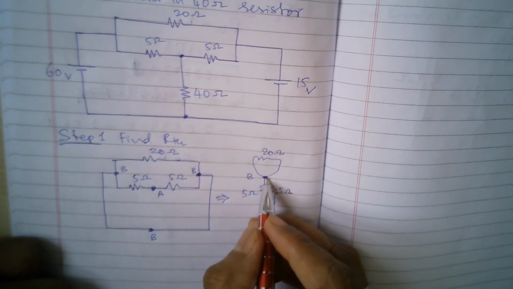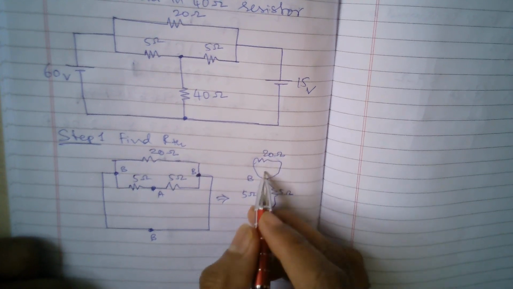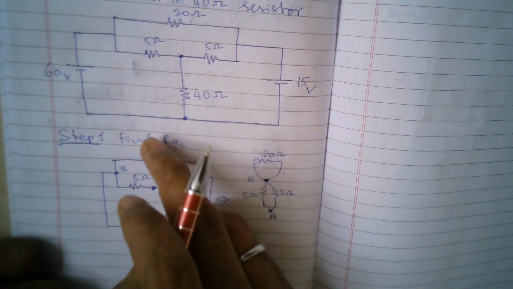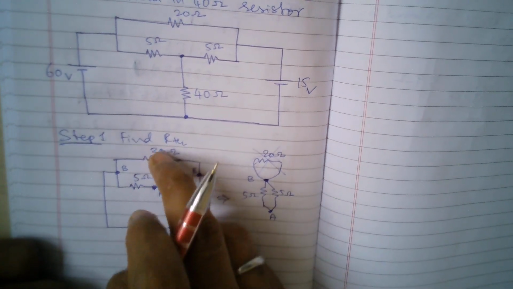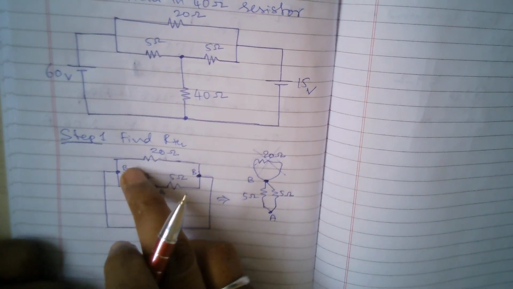Because this B point is the same, and this 20 ohm resistance is forming a loop, it is getting itself short circuited, so this part is actually irrelevant. It may be 20 ohms, 200 ohms, 2 ohms, or whatever, even 0 ohms. It's irrelevant because both sides are short circuited.